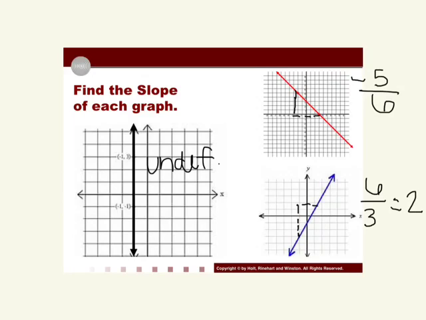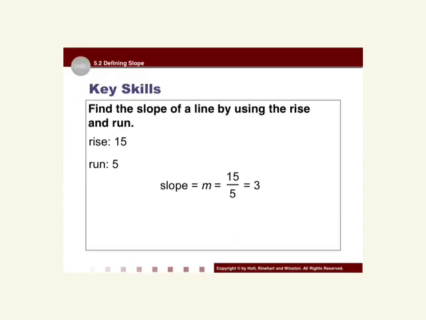So we could have just gone up 2 and over 1, because 2 equals 2 over 1, which is the same thing as our 6 over 3. Either way, we would have gotten the same slope. Now this, again, just shows our rise over run. So 15 over 5, which equals 3.